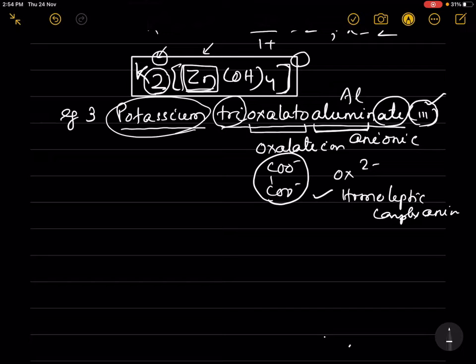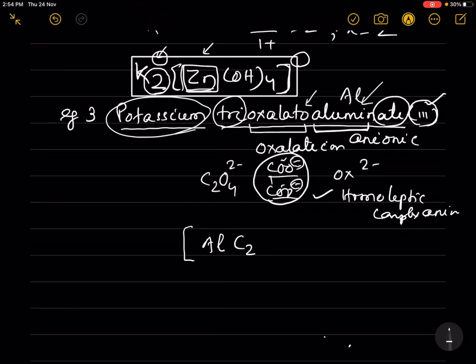So let me write the central atom in the square bracket. First Al, then one type of ligand is there, and that is C2O4. How many O's are there? 4. And what is the charge on oxalate? 2 minus.